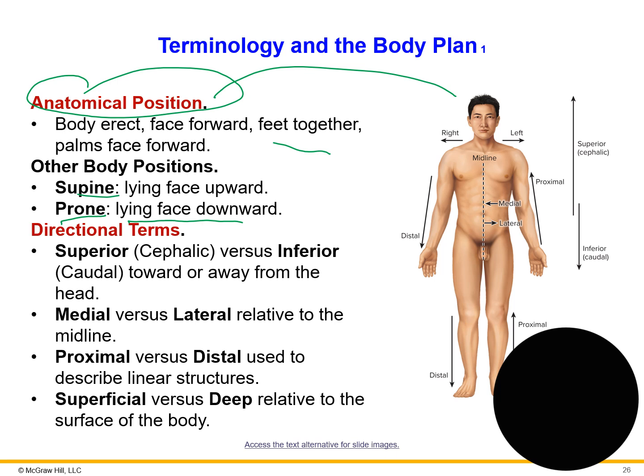Then superior, what is this? That is cephalic. Cephalic means towards the head region. Superior, this way, superior. Your head is superior to anything else. Inferior, everything else is inferior compared to that head. Also, these directional terms are always related to something.